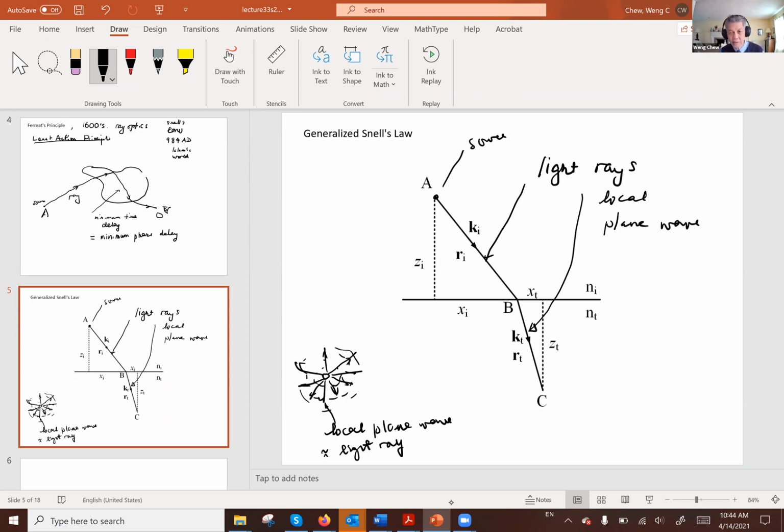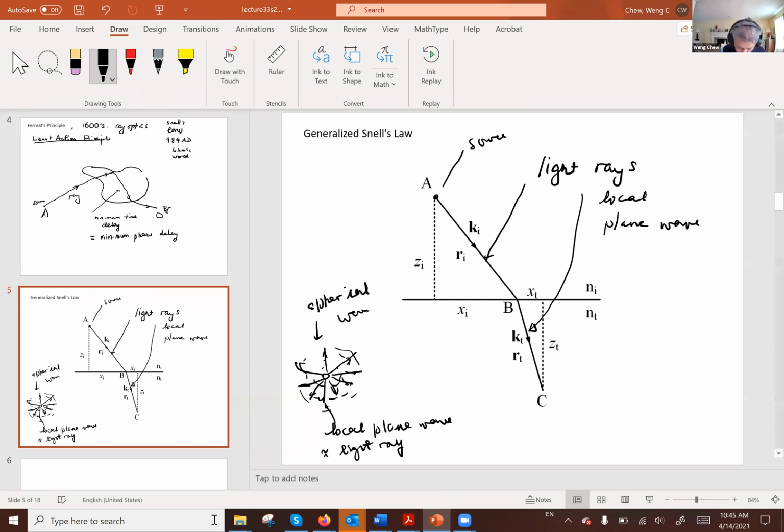So when you see a locally plane wave traveling to you from a point source, which is actually a spherical wave, you can call that a light ray. Then the phase delay from A to B can be written down rather easily, and the phase delay from B to C also. Let me write them down for you next.